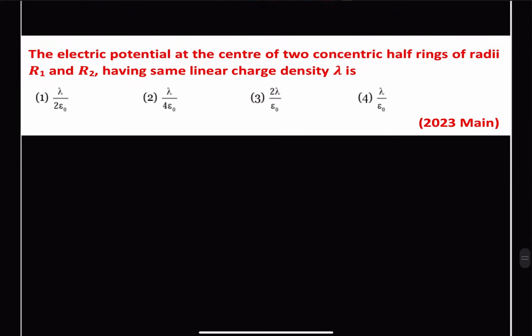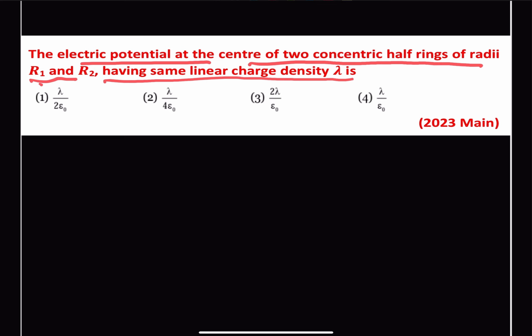Next question. It states that the electric potential at the center of two concentric half rings of radii r1 and r2 having the same linear charge density lambda is. So we are given concentric half rings with the same linear charge density. Let us draw.